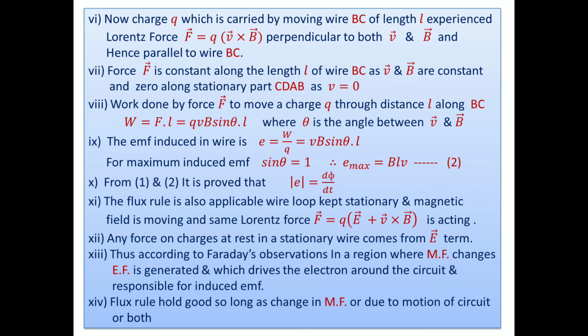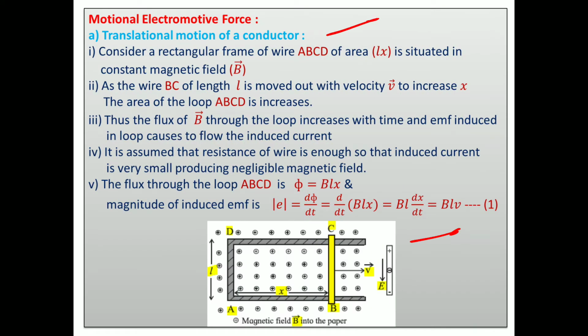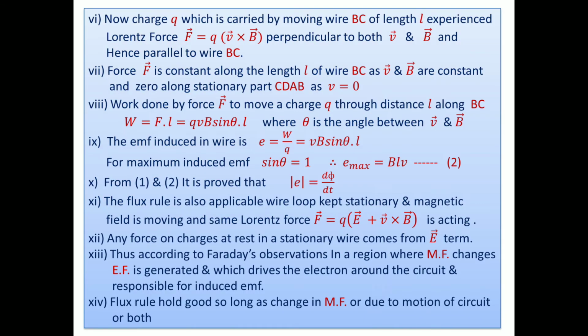Now, the charge Q carried by the moving wire BC of length L experiences a Lorentz force. Meaning as this wire is moving, the charge Q inside it is in a magnetic field and is moving, so it experiences the Lorentz force.